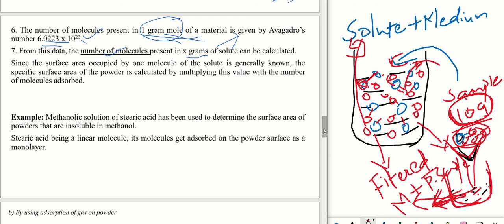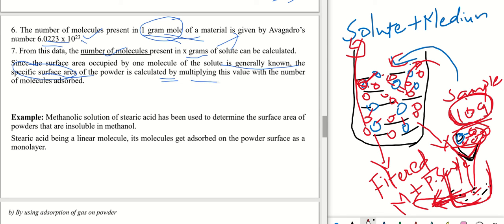Now how can we determine the surface area? It's so simple. If we know the number of molecules present, the surface area occupied by one molecule of solute is generally known. How can we know the specific area of the powder?